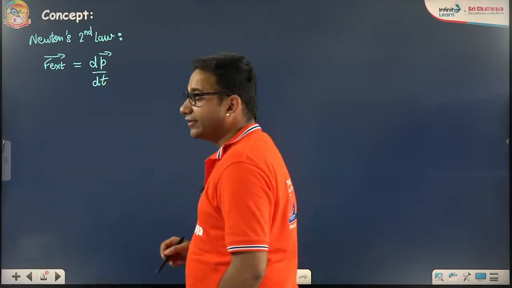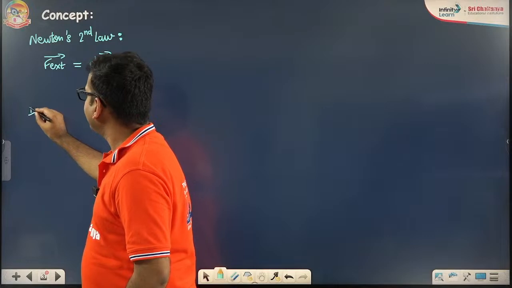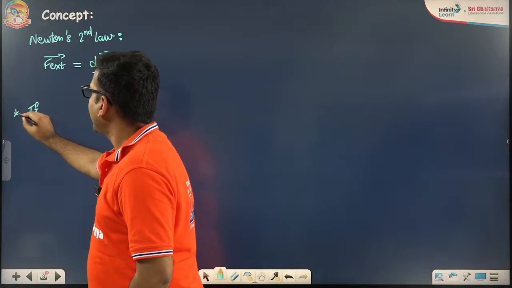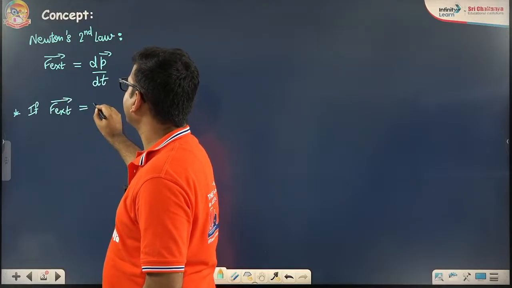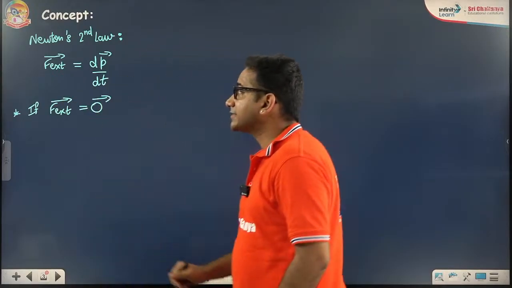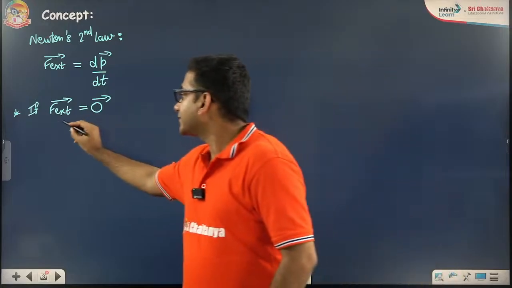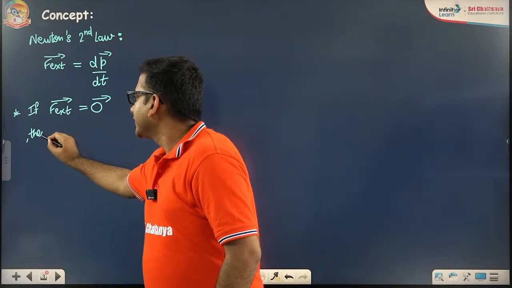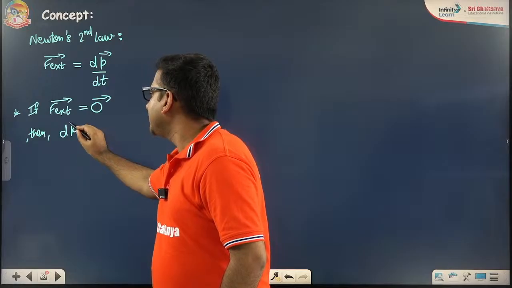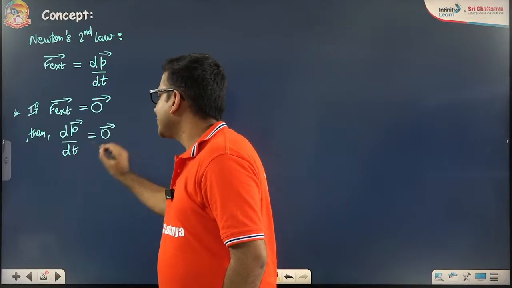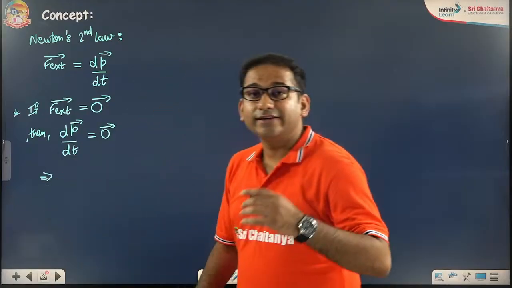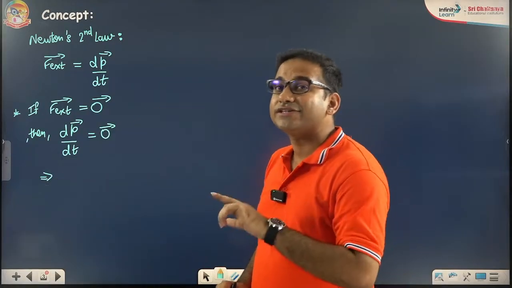If the external force acting on the system is 0, then can I say dp by dt is equal to 0? We know that the derivative of a constant is 0.